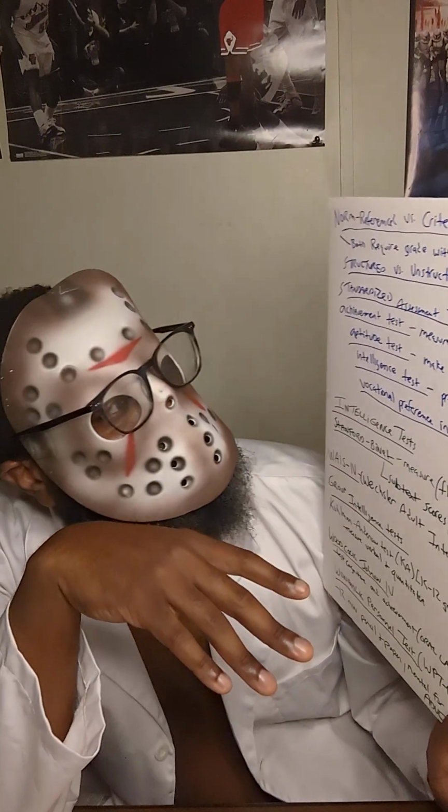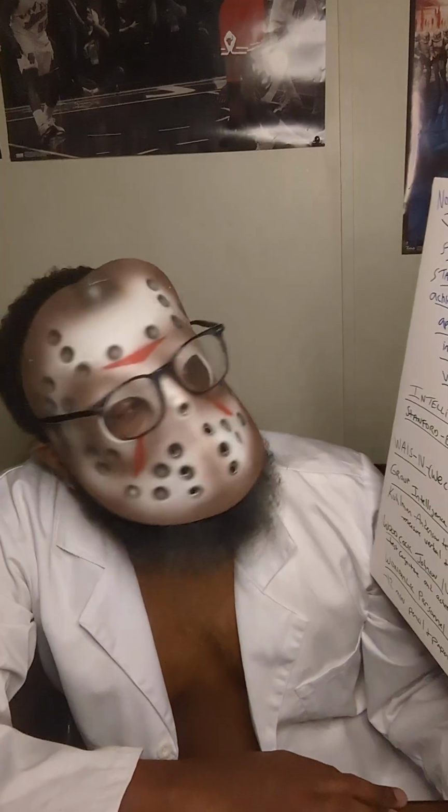Next, we have standardized assessment tools. First, the achievement test, and this measures academics, vocation, and life experience. Next, the aptitude test. It makes predictions on future performance in a field of study.